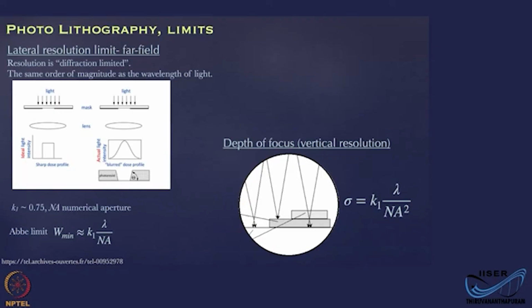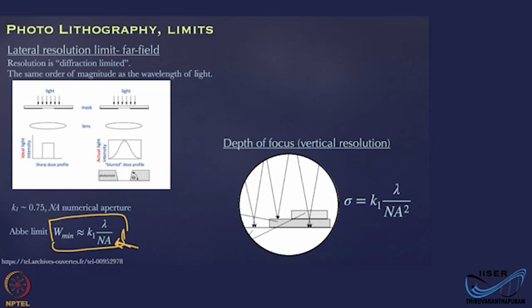You can do slightly better than the near field one, but it's decided by the far field diffraction effect, and the minimum dimension is given by this formula, where K1 is less than 1, usually 0.5 to 0.75. Lambda is the wavelength, N is the numerical aperture. So you can engineer the numerical aperture by using mediums with a higher refractive index to reduce the limit, or make the pattern finer.